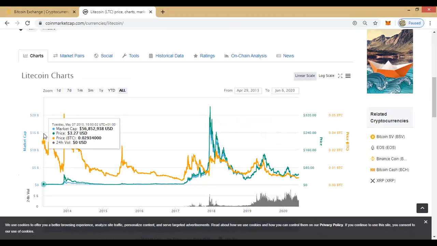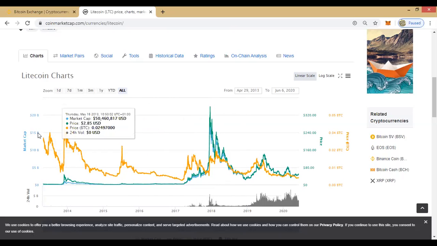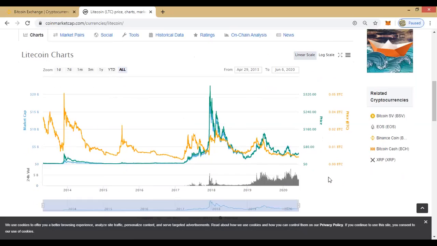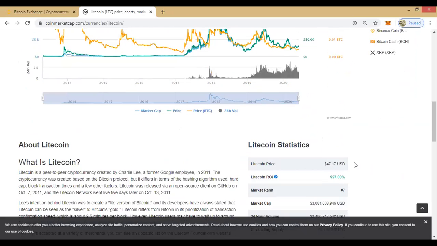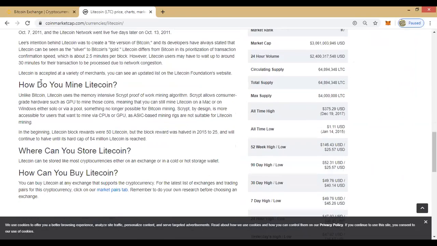As at May 7, 2013, Litecoin actually once traded for $3.27, and this is the equivalent BTC price, 0.0293, and then the 24-hour volume. So this chart gives you the overall performance of the coin so far. The chart is not really that educative, but if you just glance through it, it will show you one or two more pieces of information. So this is more about Litecoin. If you still want to know more about it, you can just read it up.